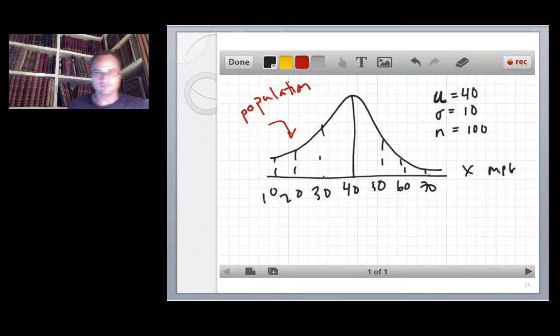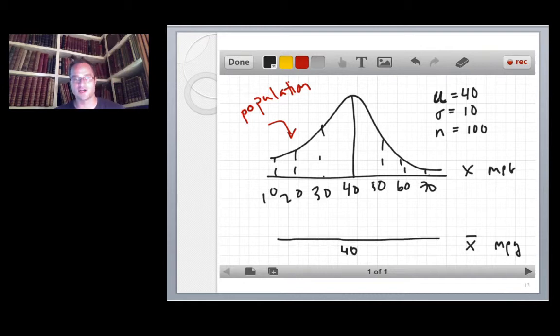Now, if I'm taking repeated samples of size 100 from this population, and every time I calculate x bar, in the same units, miles per gallon, the first property of the sampling distribution is that the mean of all these means equals the population mean. So it's also 40. I haven't talked about the shape yet, so I'm going to leave the shape absent right now.